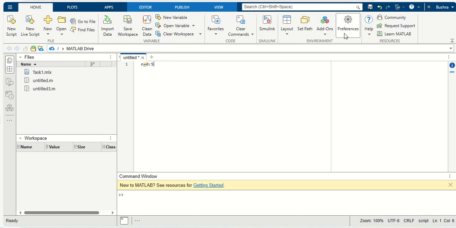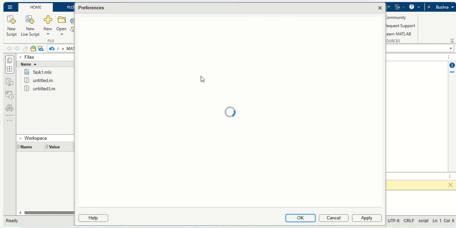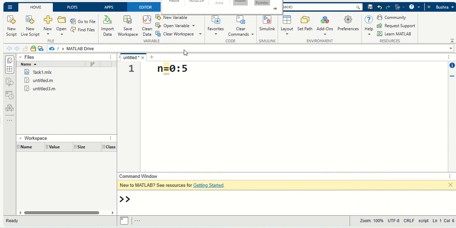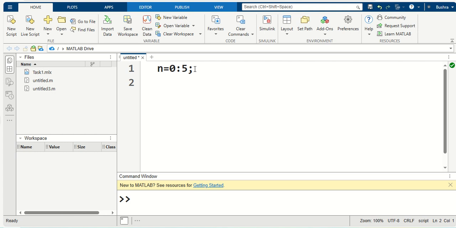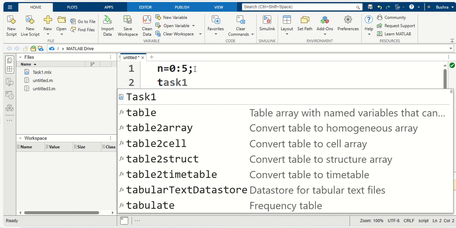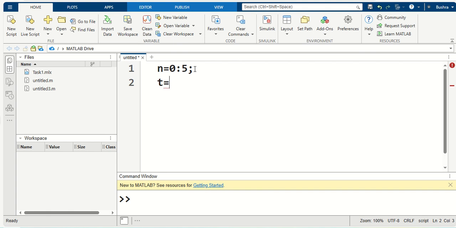Wait, let me increase the size. So we would have assigned n as a vector, and then in the formula we would have used, for example, let's calculate the vector t first, in which the formula is minus 1 upon 3 to the power of n, and we would have utilized n element by element.